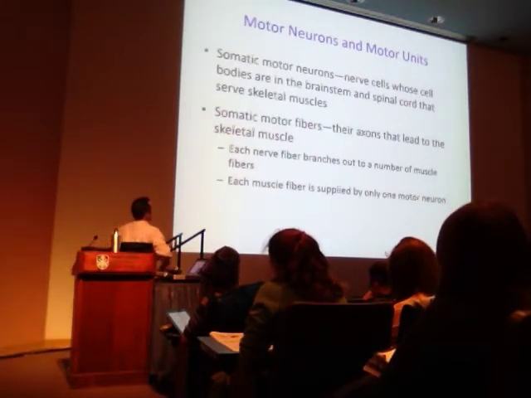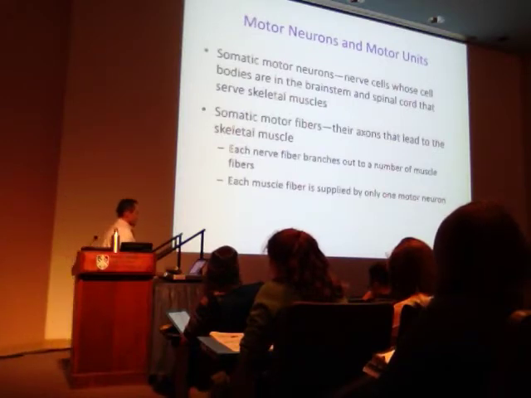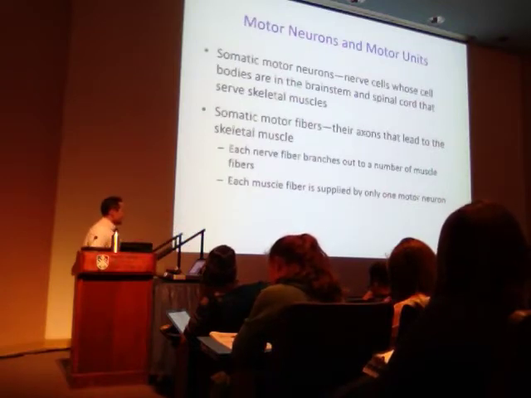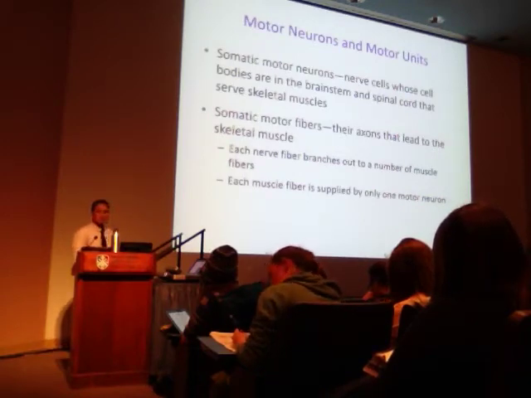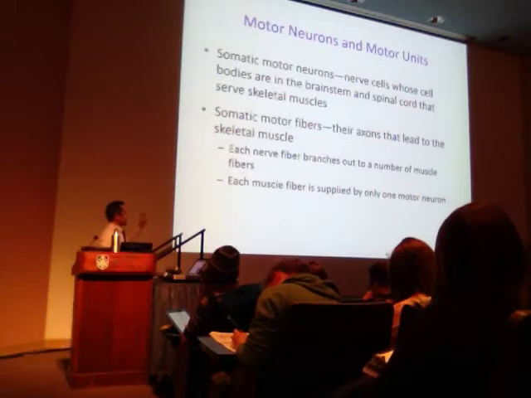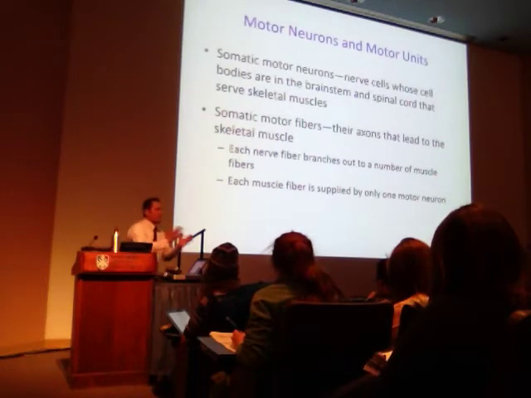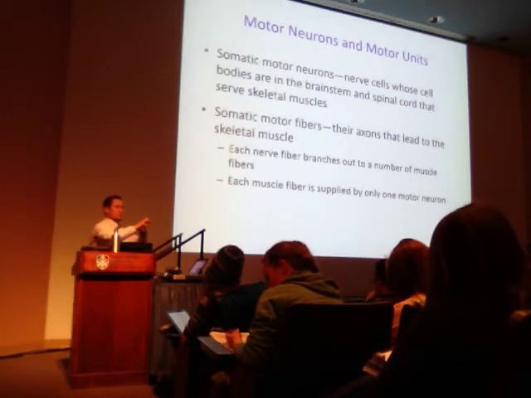So we've got somatic motor neurons that are nerve cells that serve the skeletal muscle, right? They're efferent pathways. We have somatic motor fibers that are the axons that lead to skeletal muscle. And we get this branching pattern that can take place so that a nerve fiber doesn't necessarily always have to innervate one muscle cell. Okay? So one nerve fiber could go to multiple muscle cells.